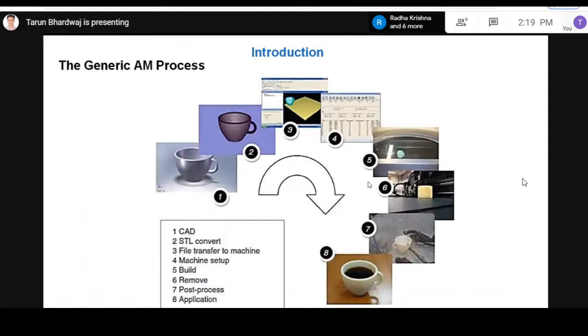So what is actually the cycle of this particular process? Starting from CAD, first of all we have some CAD design. If we have a CAD design from any software, we can convert it into an STL file.